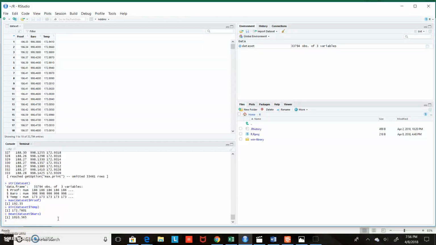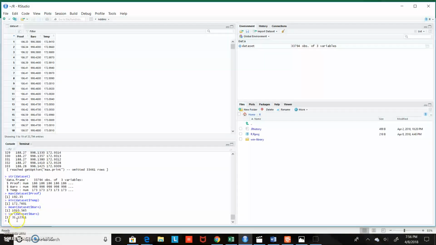Okay, so we have 1,110 pascals. We also want to see how much that varies. We can simply do that by taking the variance of the barometric pressure, and we find that it's 31.1. So I would say that's very significant.